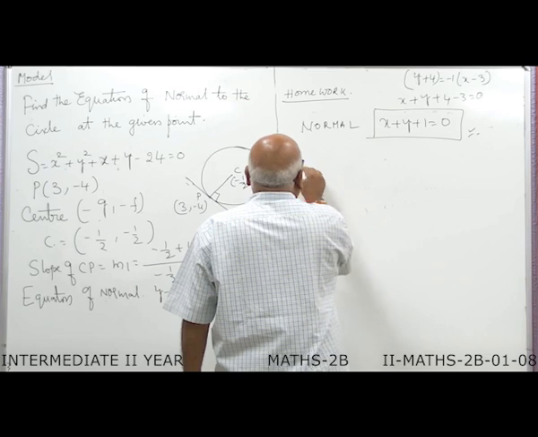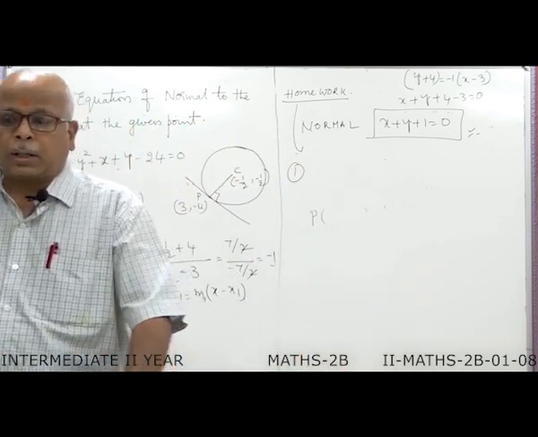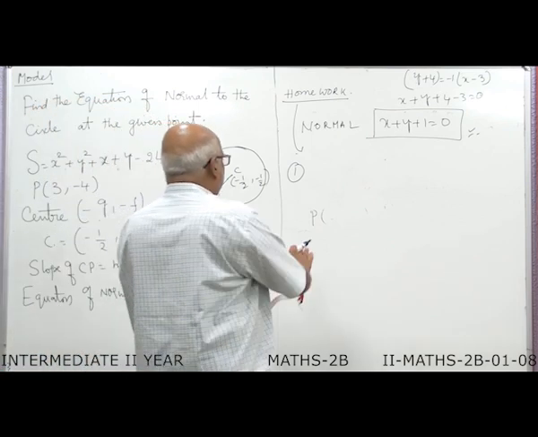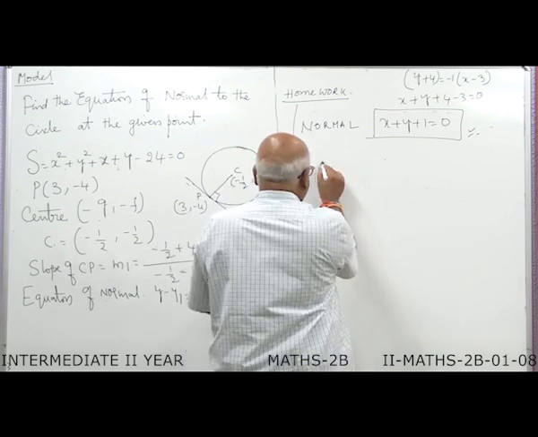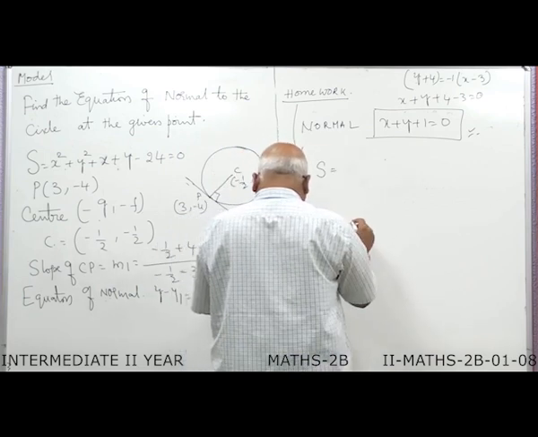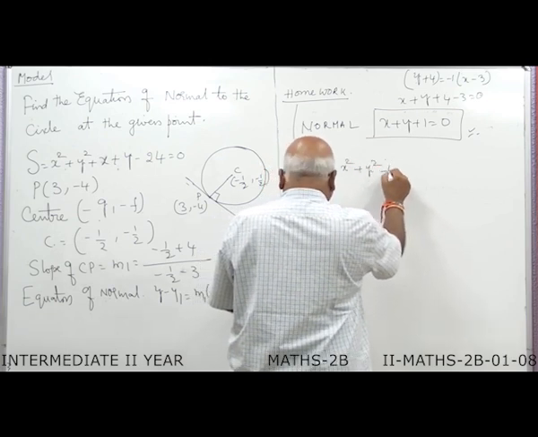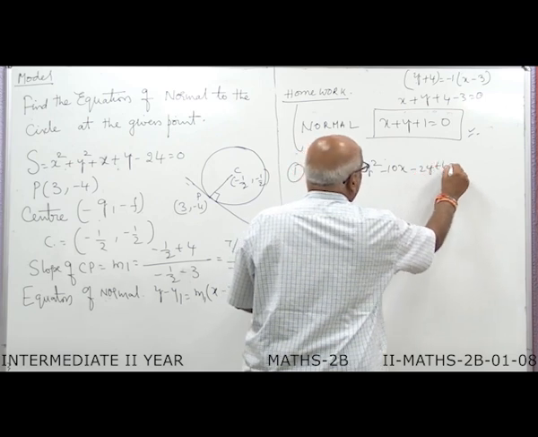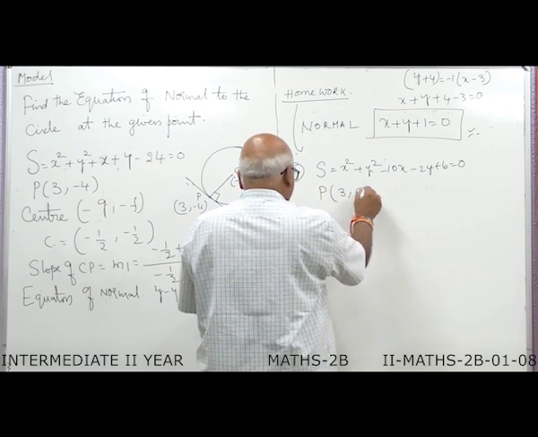In this model, you take two more problems as homework. Those two are circle equations and points I will write down here. You try to work out those ones. Circle equation is x square plus y square minus 10x minus 2y plus 6 equal to 0, point is (3, 5).